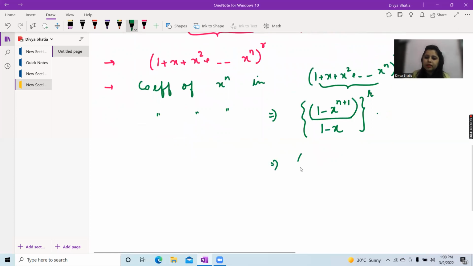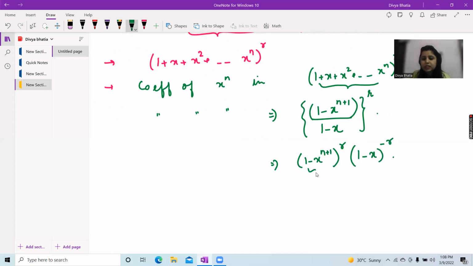Now this can be written as (1 minus x to the power n plus 1) whole to the power r, multiplied by (1 minus x) to the power minus r. Now consider this expression, (1 minus x to the power n plus 1) whole power r.